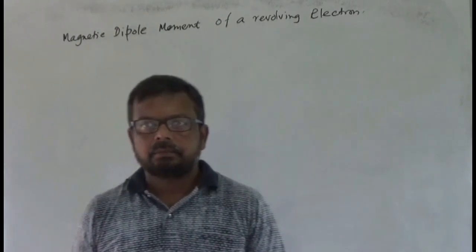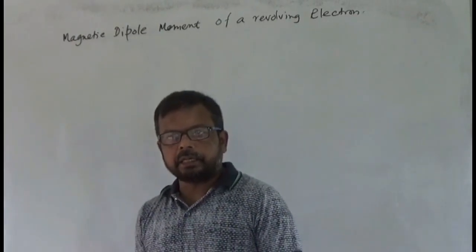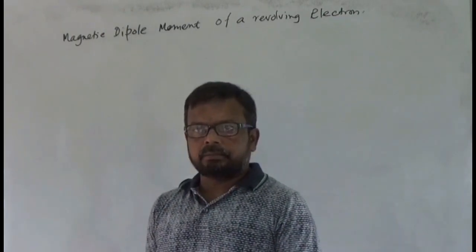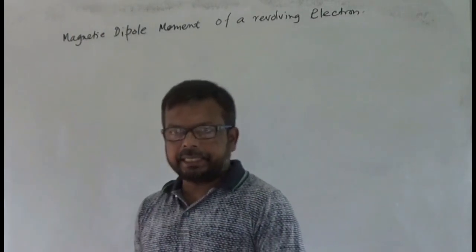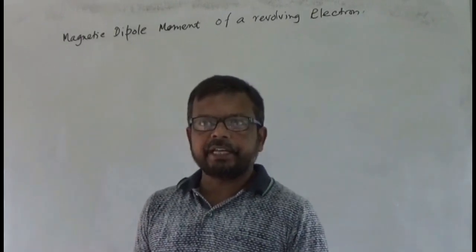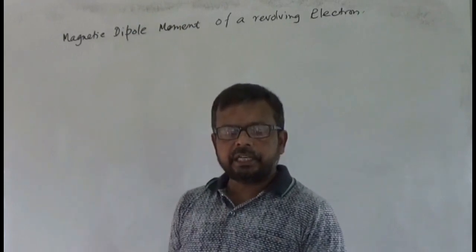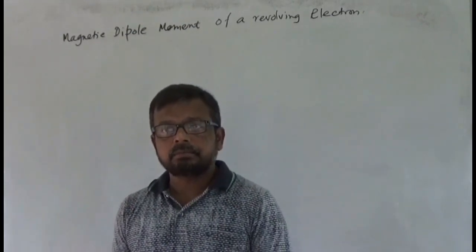Now let us say that an electron of charge e is moving or revolving in a circular orbit of radius r around the nucleus in the anticlockwise direction.